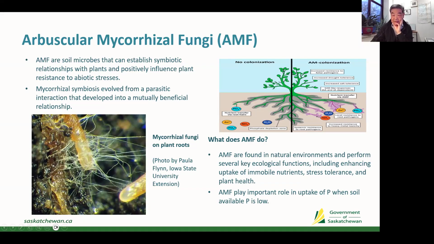Research has found that AMF help the crop's nutrient uptake: for phosphorus, 80%; for copper, 60%; nitrogen, 25%; zinc, about 25%; potassium, 10%.